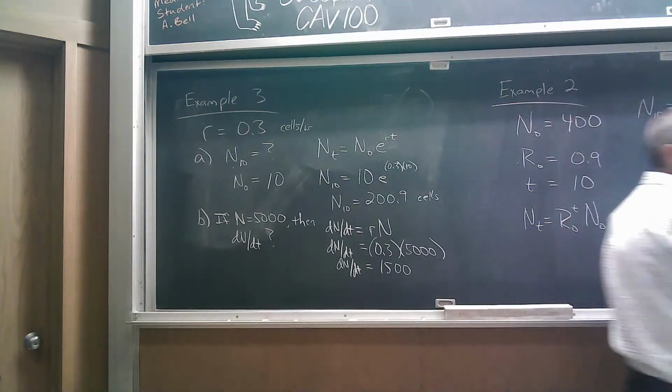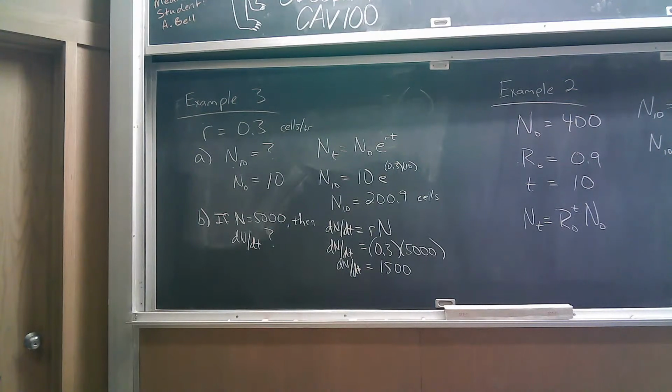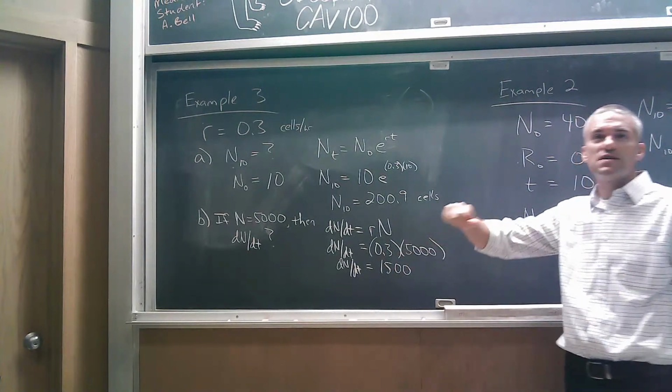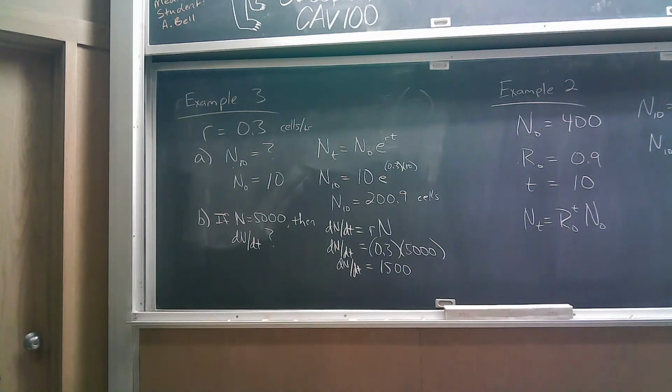So when we have 5,000 yeast cells in our vial, as soon as we hit 5,000, our population growth rate is 1,500 cells. We should be adding 1,500 cells instantaneously.